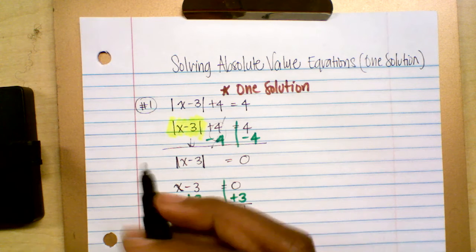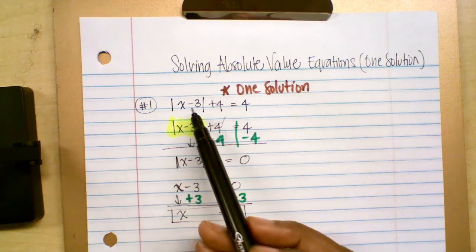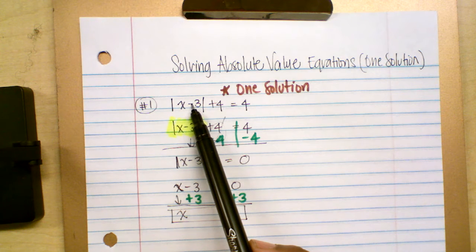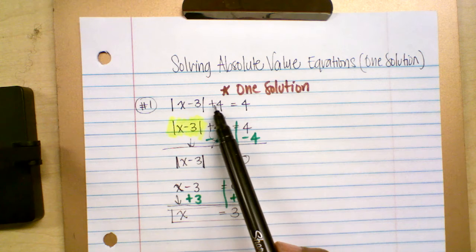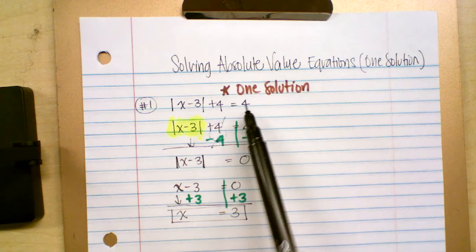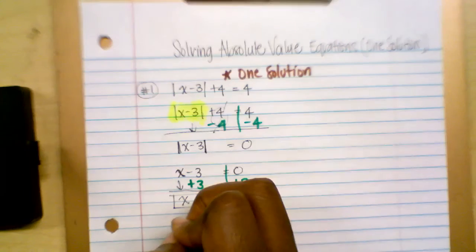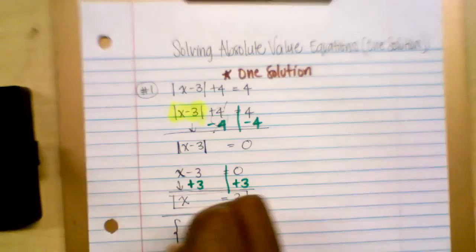You can check your work, so let's do that mentally. When you plug 3 into the equation, 3 take away 3 is 0, the absolute value of 0 is 0, and then 0 plus 4 is equal to 4. Check. The way to write the answer is to use brackets and write the number 3. That's the solution.